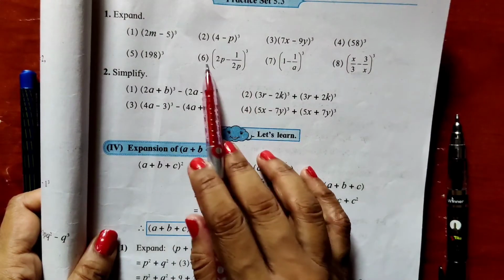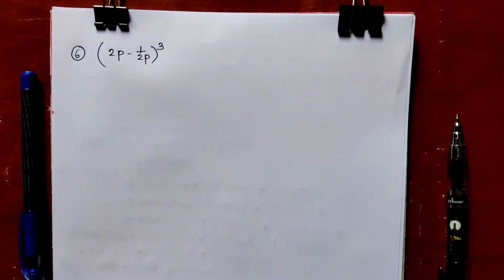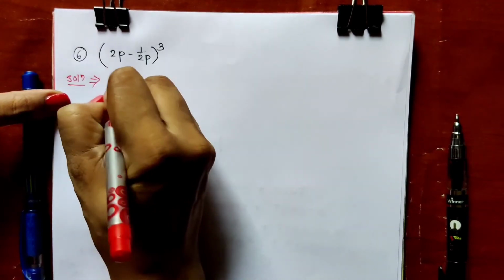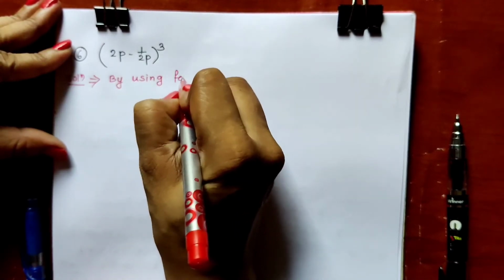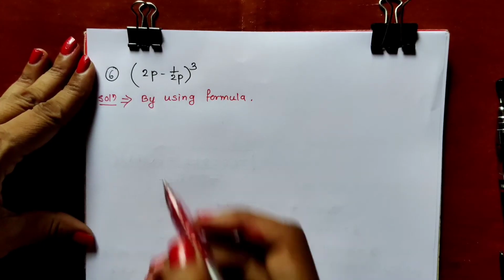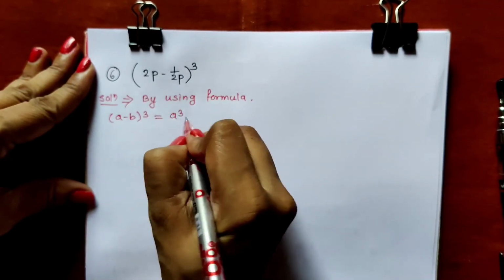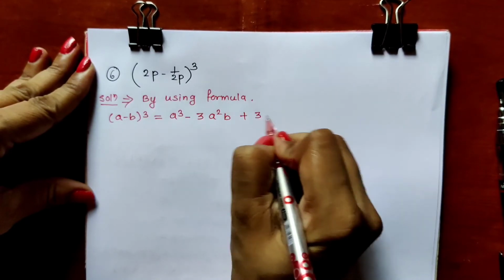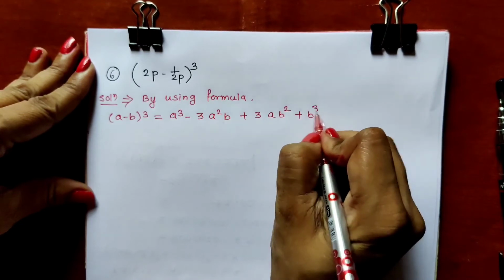In the sixth sum, again we have got this binomial. So let us apply the formula to solve the sum. By using the formula, a minus b whole cube is equal to a cube minus 3 into a square into b plus 3 into a into b square minus b cube.